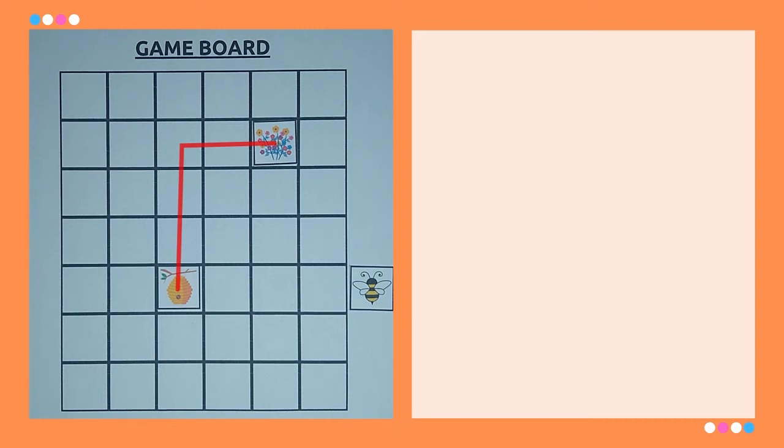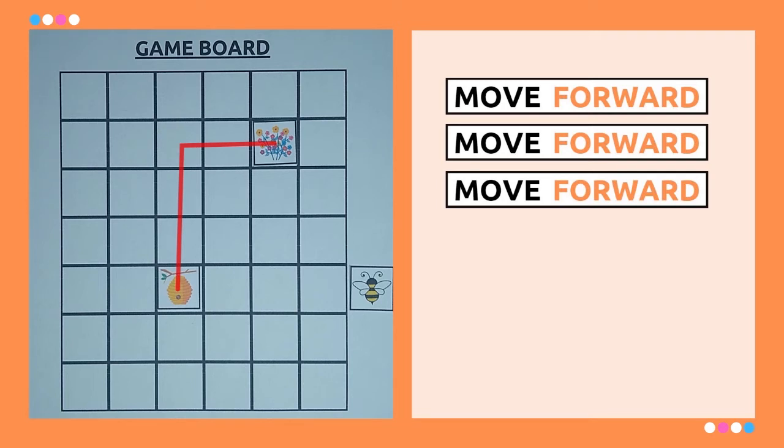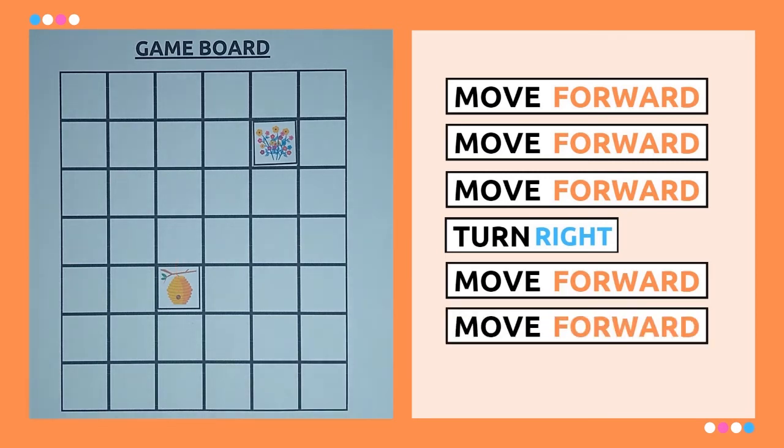So to follow this route, what I think I need my bee to do is go forward 3 times, then turn right, and go forward 2 more times. So I'll take my algorithm pieces and write out those instructions. First, I have 3 move forward blocks, then a turn right block, then 2 more move forward blocks. And finally, we test our algorithm out using our bee.